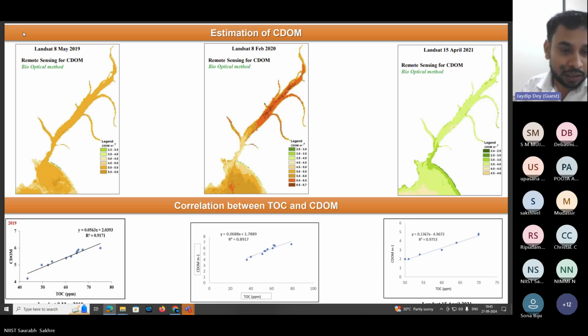You can see the correlation between total organic carbon and colored dissolved organic matter. I have always got a strong correlation between them, which is why I am able to conclude that there is a strong correlation between these parameters, and remote sensing applications should be used for estimation of CDOM.